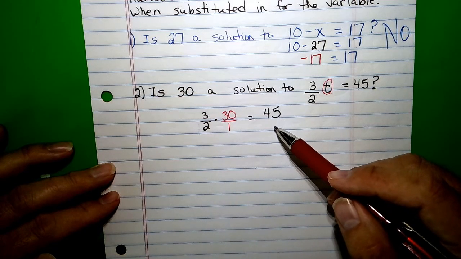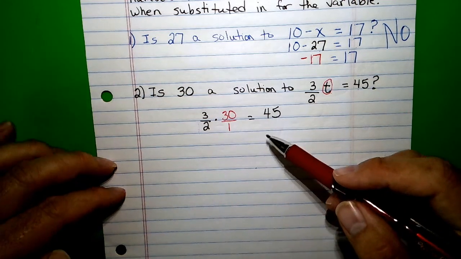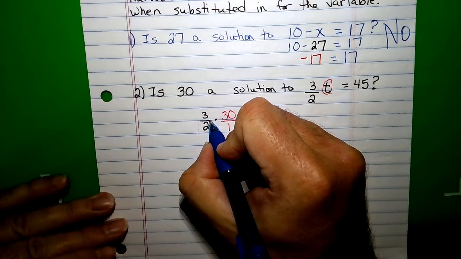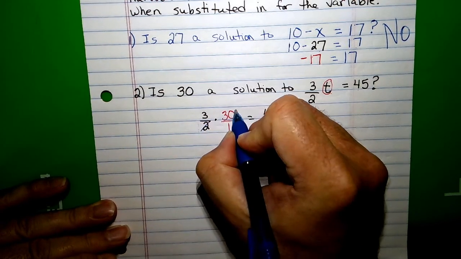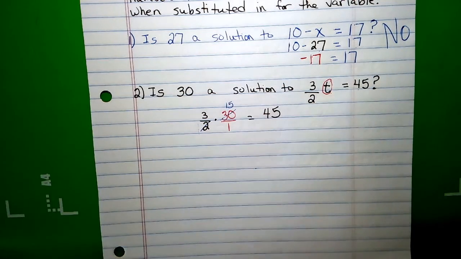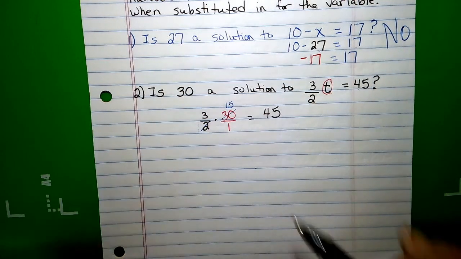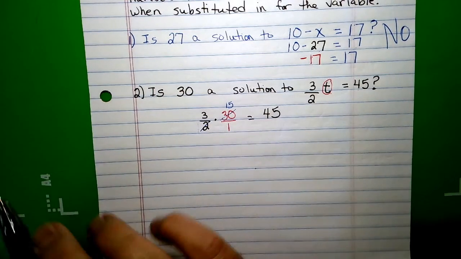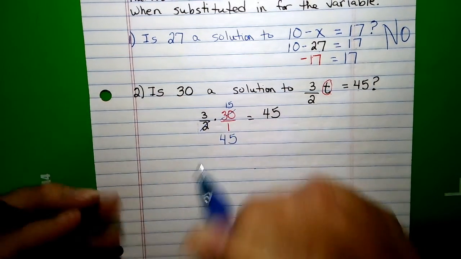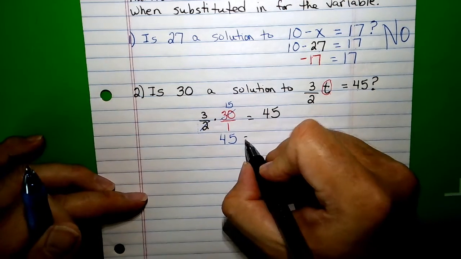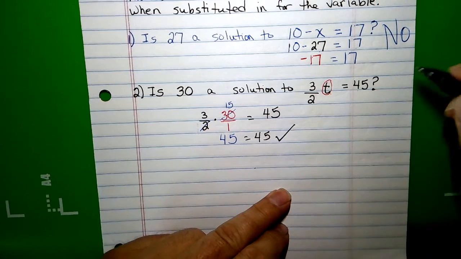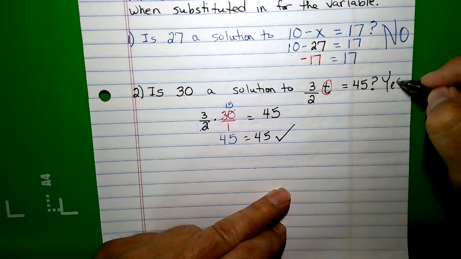If we get anything other than 45, the answer is no. Do you remember how you do this cross multiplying? 2 goes into 30 15 times. 3 times 15. Is 3 times 15 45? Yeah. We're getting a 45 on both sides. So, yes, 30 is a solution.